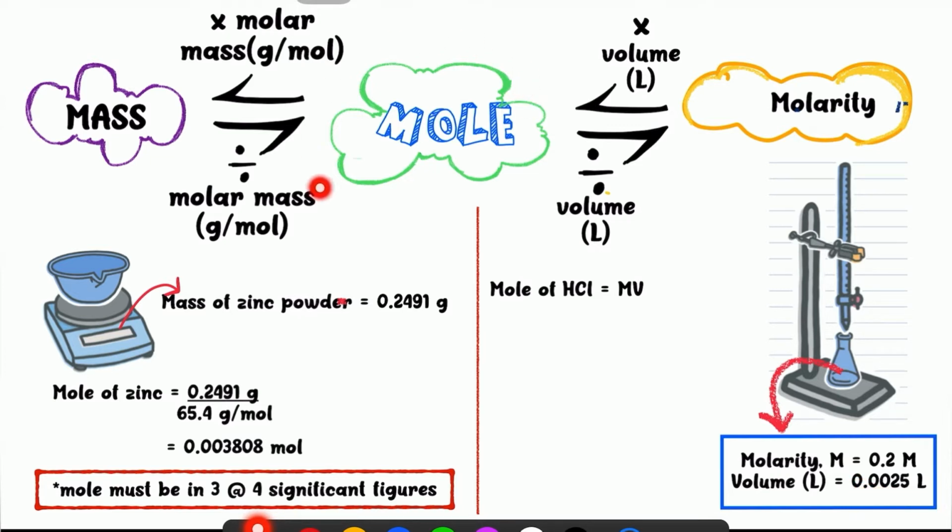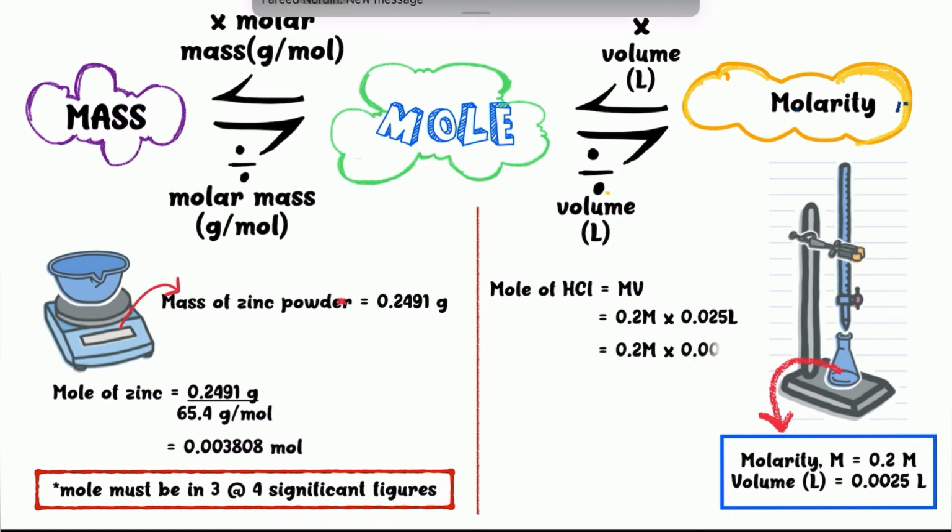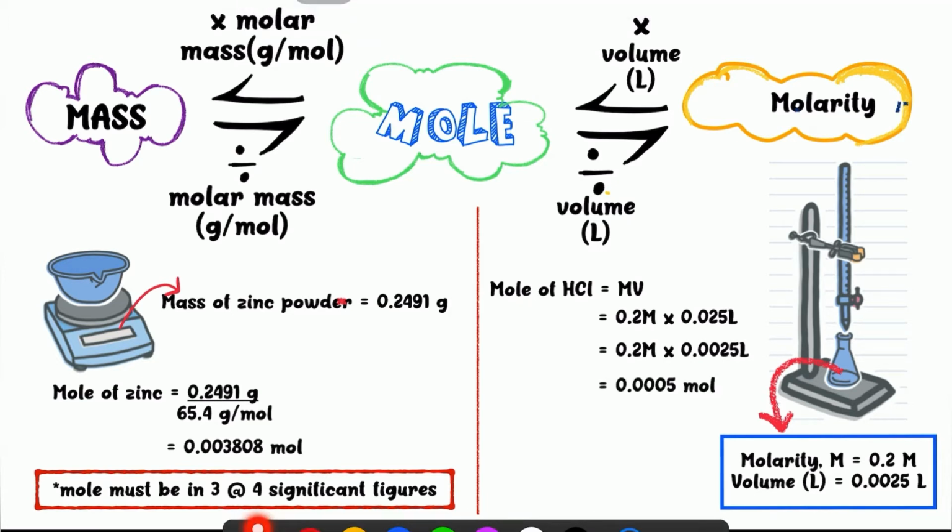To get mole from the molarity and volume given, molarity times volume. So molarity 0.2 times 0.025 liter, then it is 0.005 mole. So this is how you get mole from the given mass of a substance in the solid phase and given the molarity of the solutions.